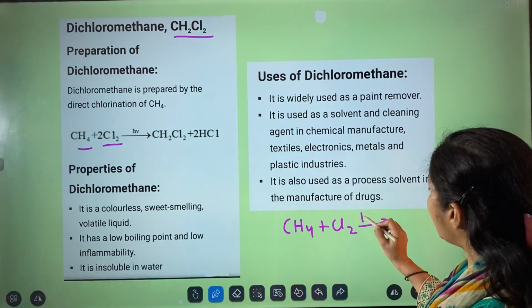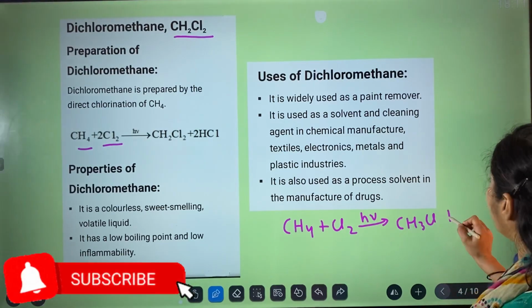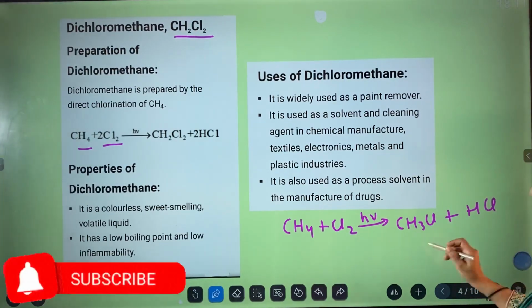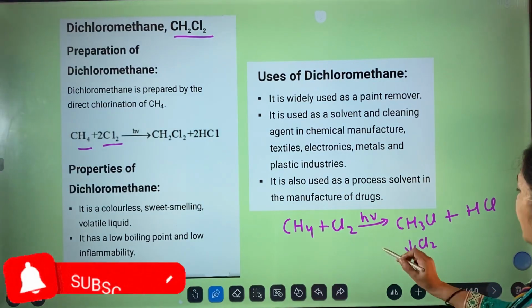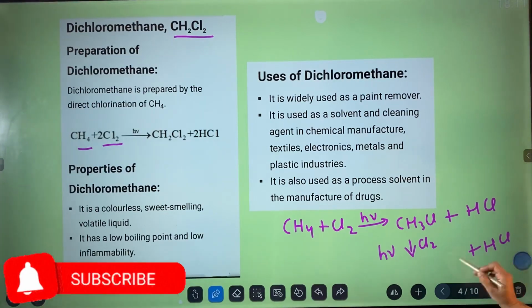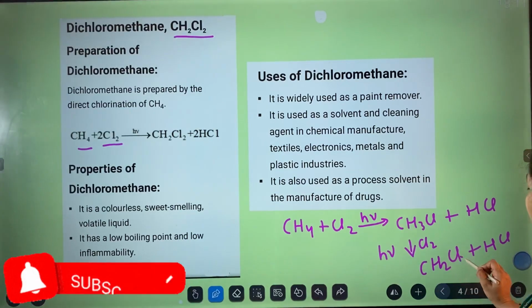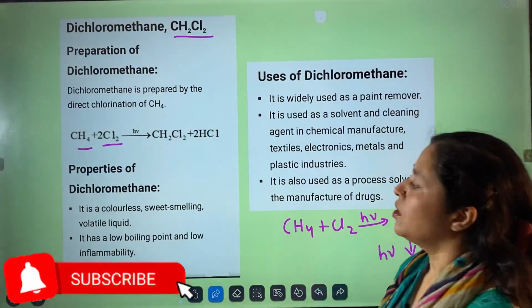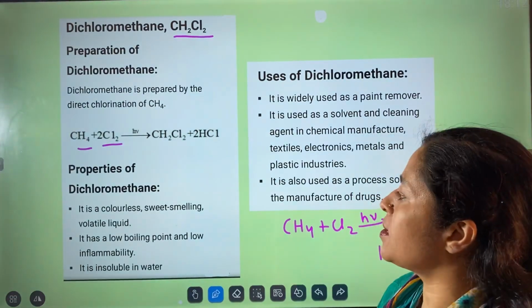This reaction occurs in the presence of sunlight. 1 HCl is removed. Again it will react with a chlorine atom in the presence of sunlight. Again 1 HCl molecule will be removed and you are getting dichloromethane. So this is how dichloromethane is prepared in diffused sunlight.